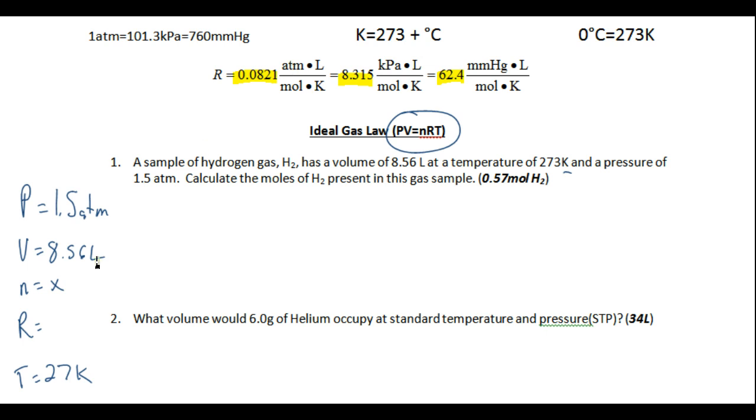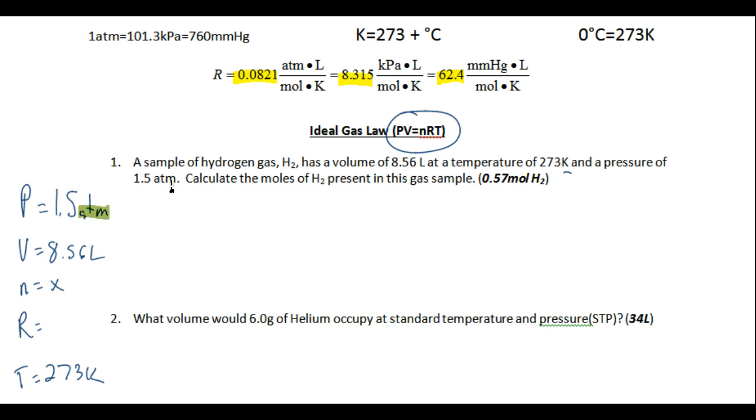Typically, we're going to be dealing with liters. Typically, we're going to be dealing with Kelvin. And when I say typically for Kelvin, I mean always in Kelvin. 273 K, that'll always be in Kelvin. Moles will always be in moles, obviously. But the atm, the pressure unit, is what may or may not change.